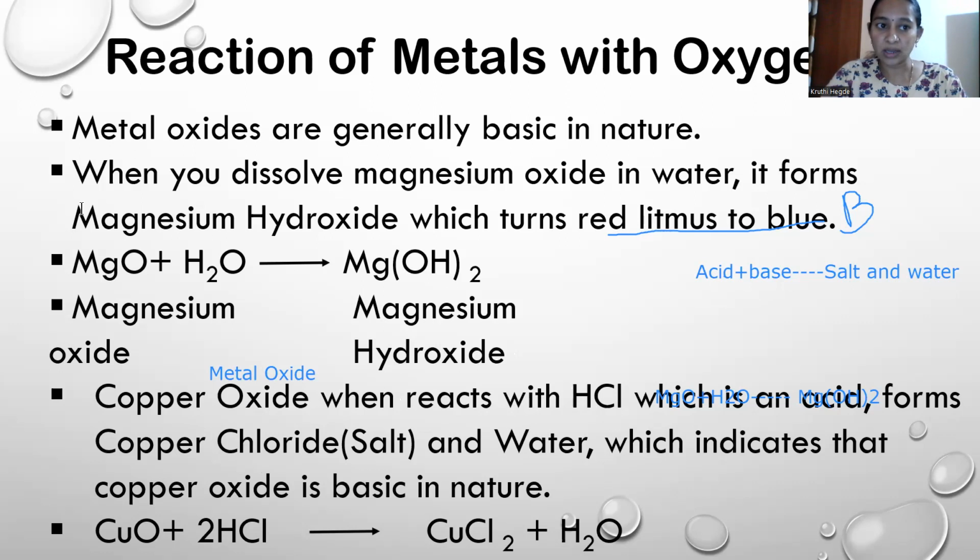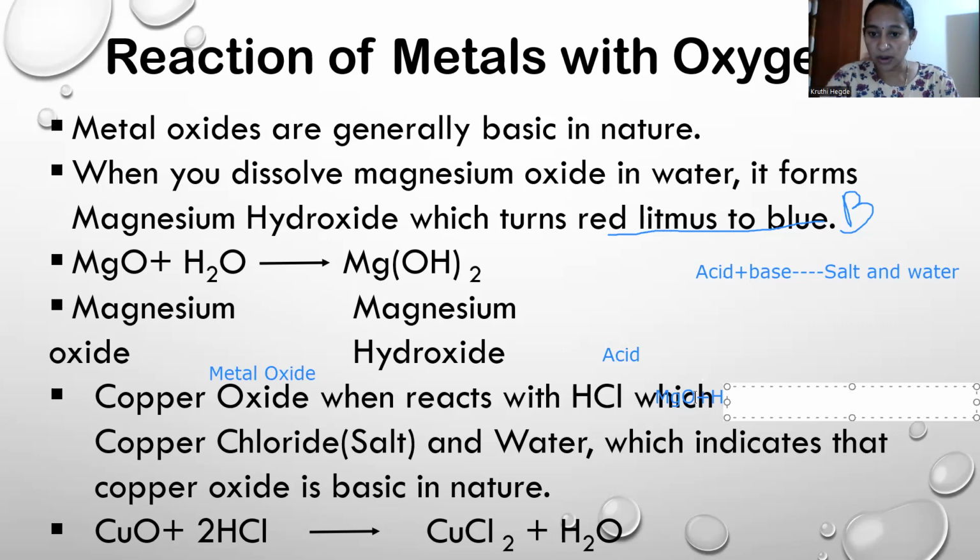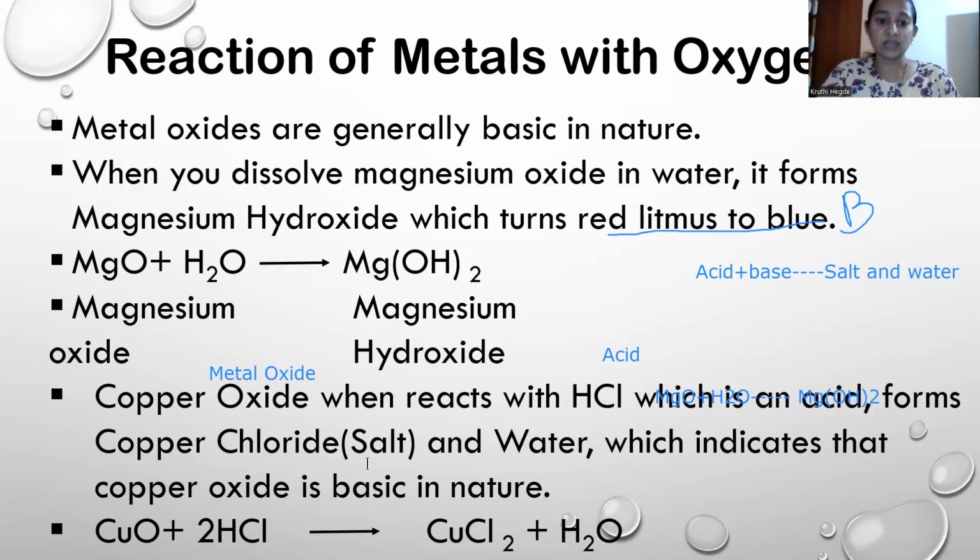What is HCl here? HCl is an acid here. Okay, so when metal oxide reacts with acid, it forms copper chloride, a salt, and water, which indicates that copper oxide is basic in nature. So here is the equation.